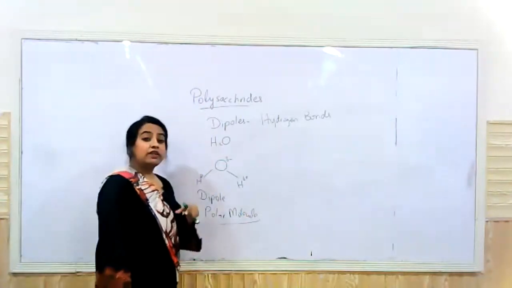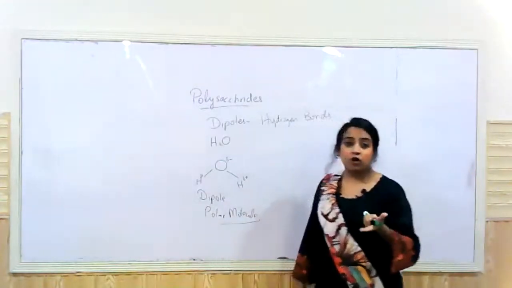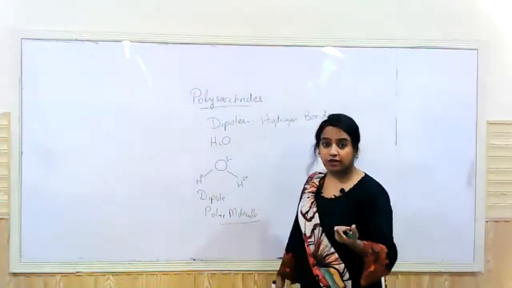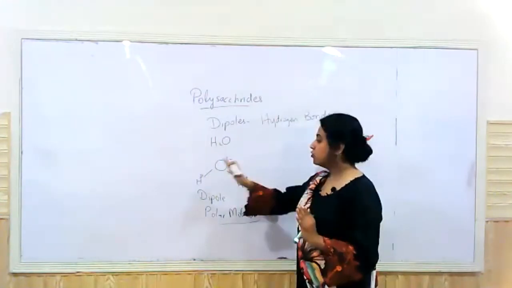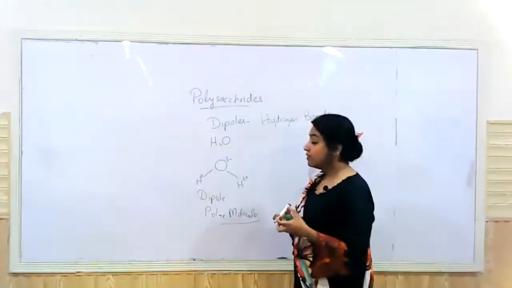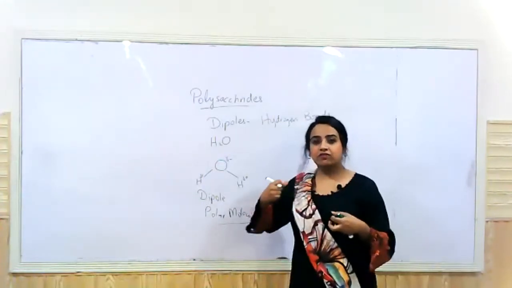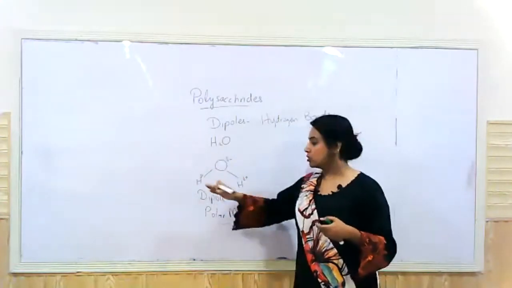Whenever there is unequal sharing of an electron pair in a covalent molecule, what happens? Because of that unequal sharing, the electrons tend to move towards the more electronegative atom, the one that has more protons in it, the one that can attract them more. They do not completely get transferred to that atom, they just move towards that atom a little more than the other one.